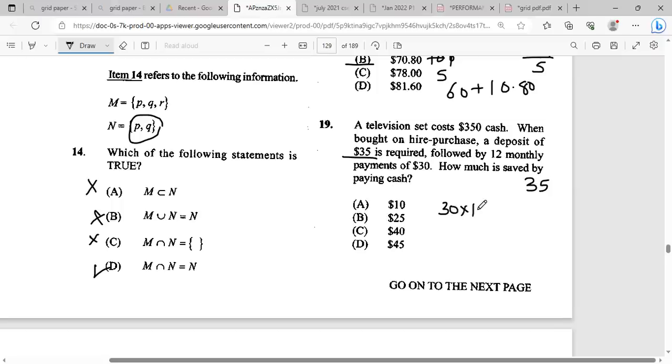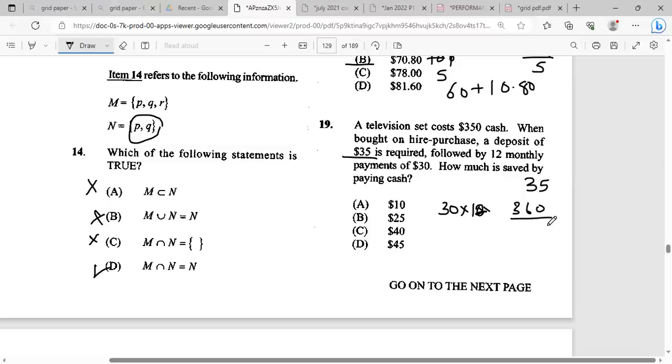I'm just going to put 12 by 30. That's just going to give me 360.